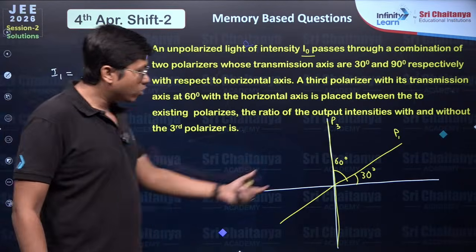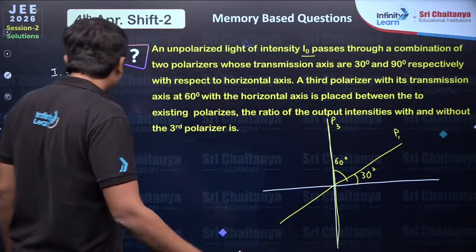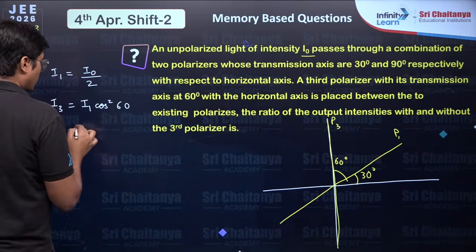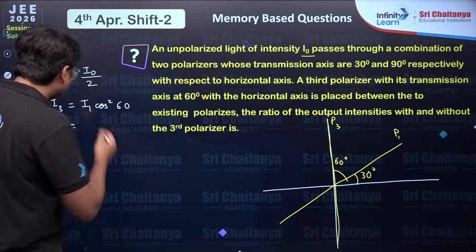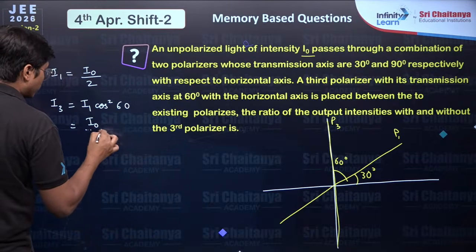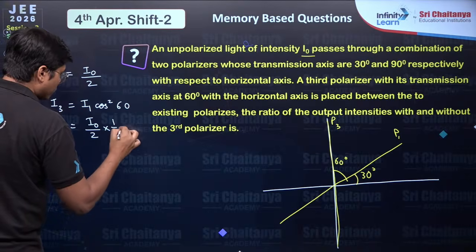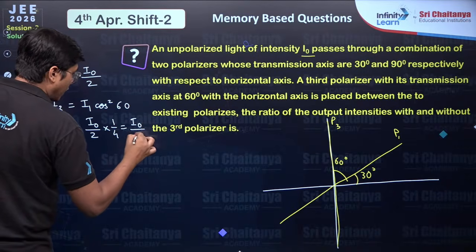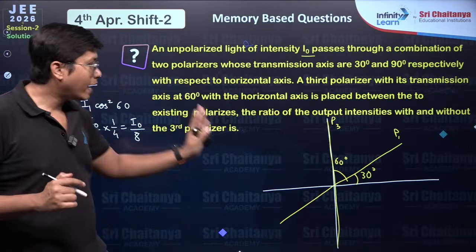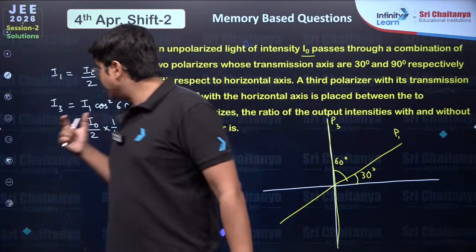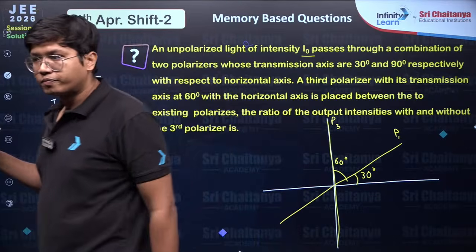The angle between their optic axis is 60 degree, cos square of 60. Cos 60 is half, so cos square 60 would be 1/4. So I1 is already I naught by 2, which gives I naught by 8. So originally, when you had just these two polarizers, this was the intensity coming out.